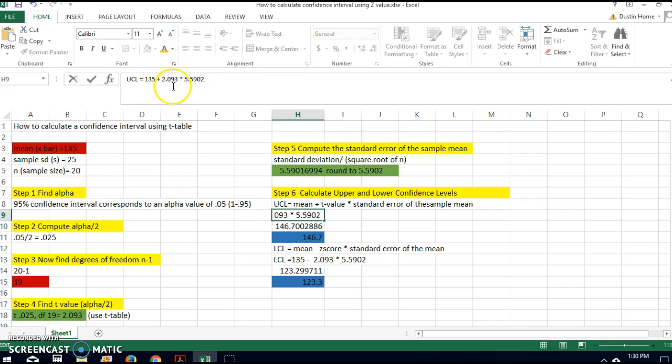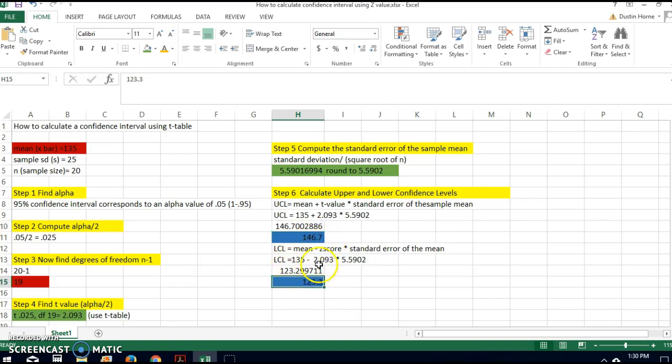So 2.093 is my critical. I take my critical value, my T value, times this standard error, and that is how I get my answer of 146.70. You round it to 2 decimal places, but mine's only going to show 0.7, but it's 0.70.